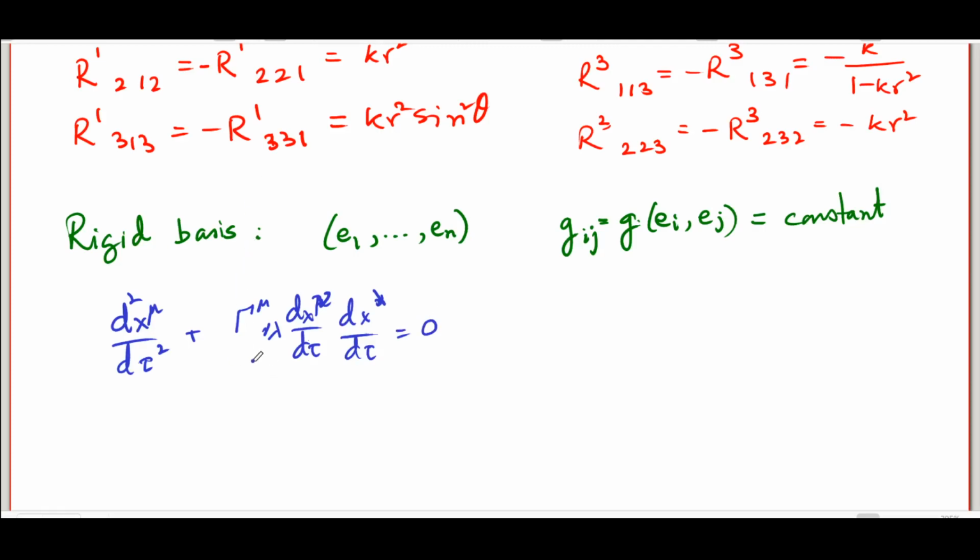So you cannot read off the gamma mu nu lambdas in this particular basis just by looking at the geodesic equations. The simple approach that we had taken before.